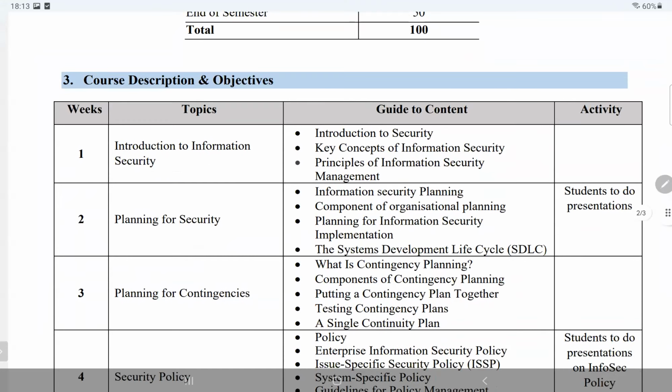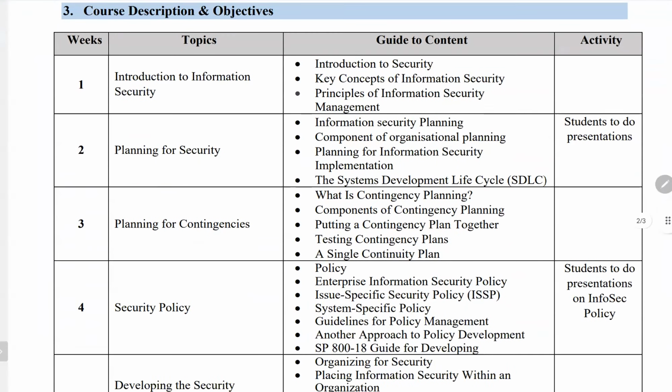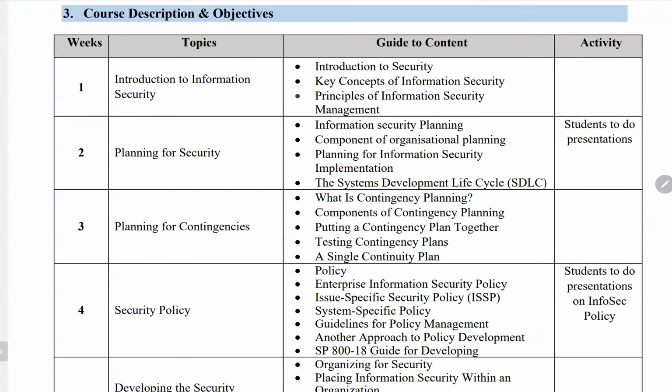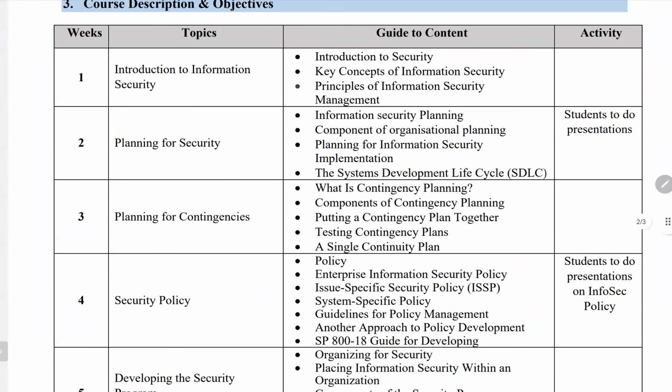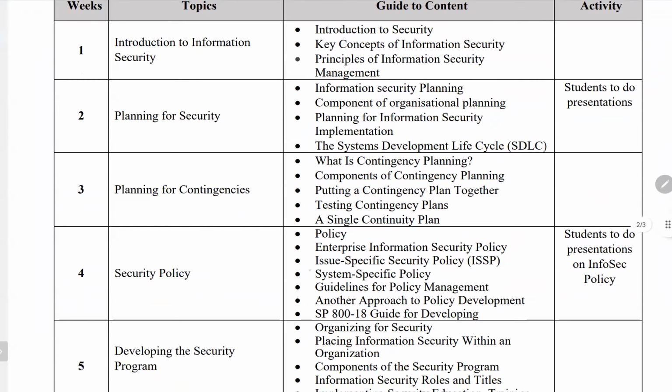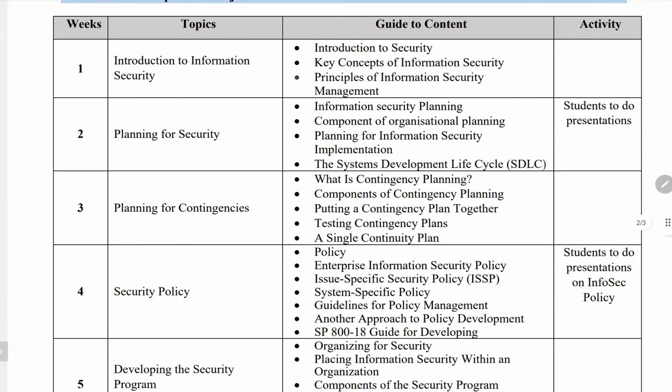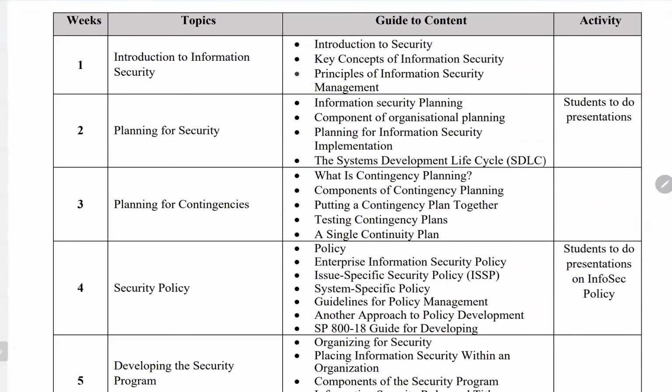Okay, so week 1, that is today, we are going to look at introduction to information system security. Then week 2, we look at planning for security. Week 3, we look at planning for contingencies. Let me preempt that this course is information system security.